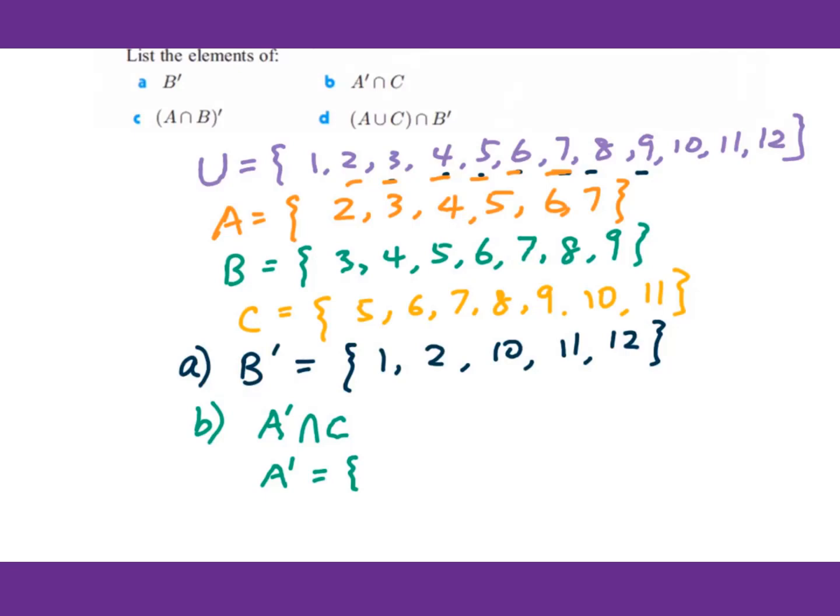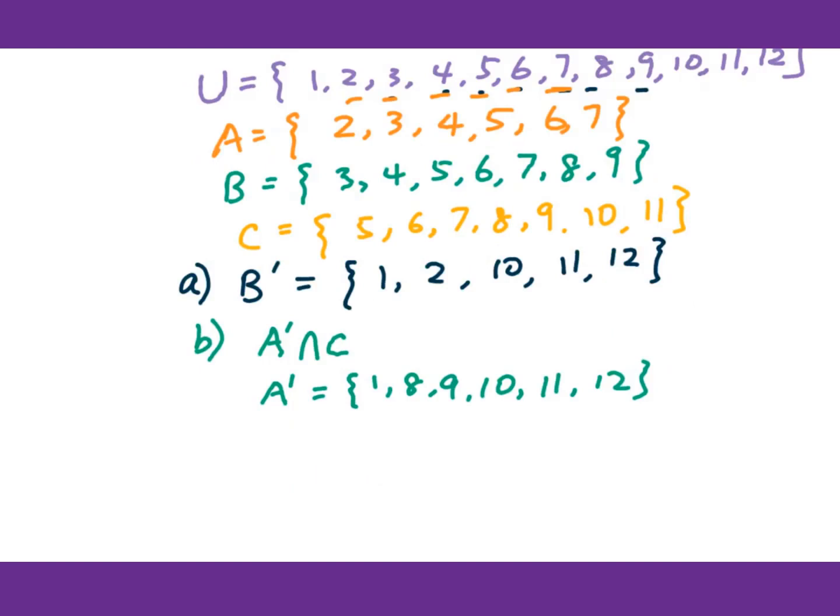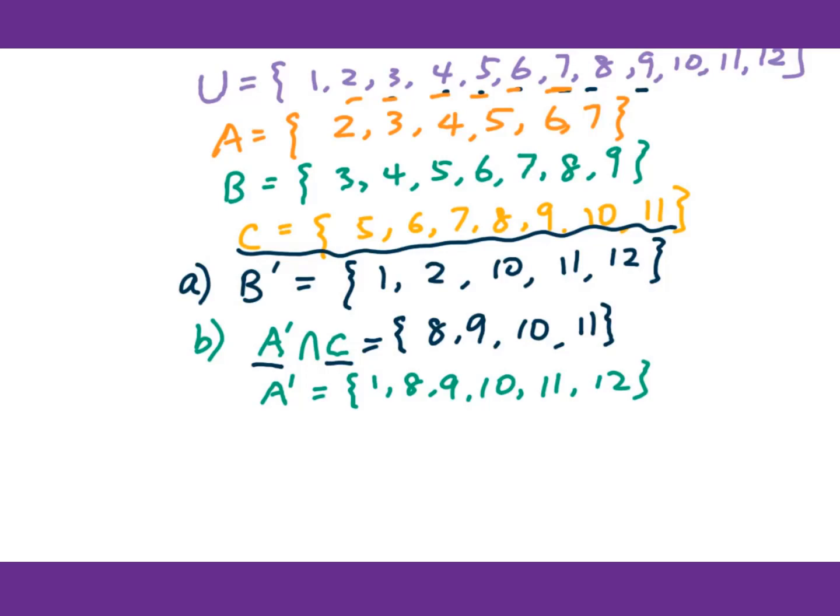Then you will have 1, 8, 9, 10, 11, 12 for the complement of A. Then check what elements are in common for this complement of set A and C. This is C. You will get 8, 9, 10, 11 in common.